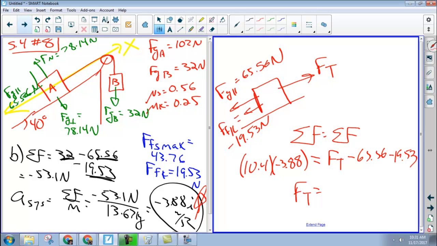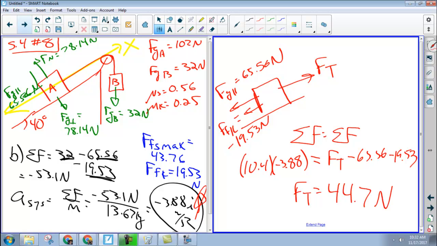Wait a minute. Oh, right, it's slowing down. Thank you. Okay, so we're good. So your tension ends up being 44.7 newtons. So the idea is it's moving up the ramp, but slowing down. So your two downward forces have to be winning, right? Follow?